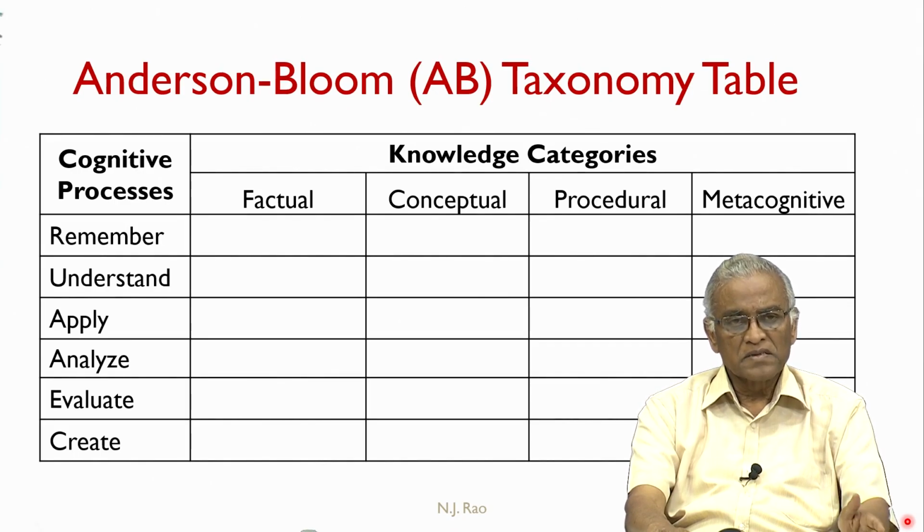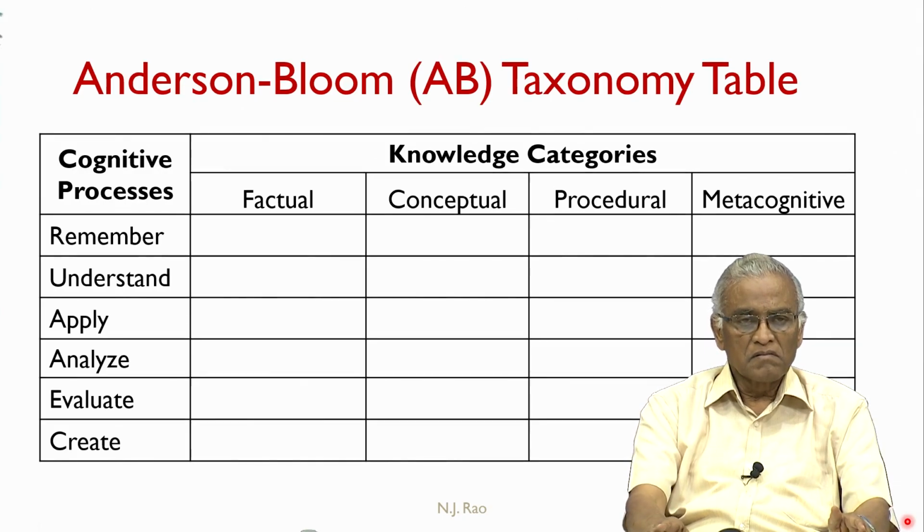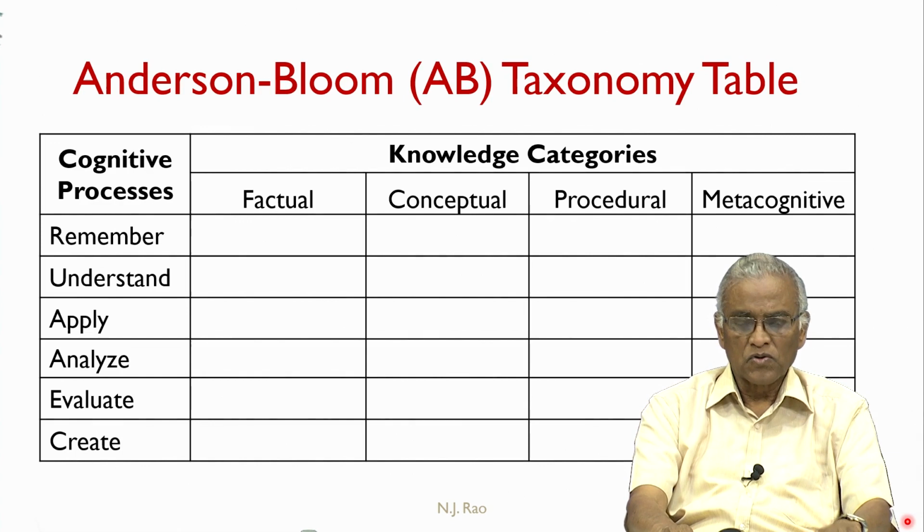The taxonomy table as presented in the book written by Anderson, Krathwohl and others interchanges the rows and columns. That means the cognitive processes are presented as columns and knowledge categories are presented as rows.